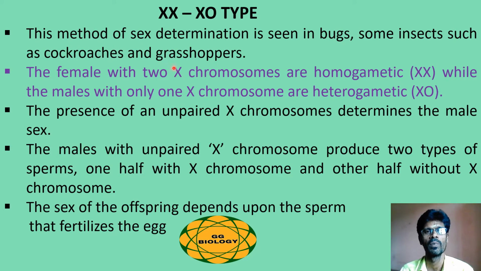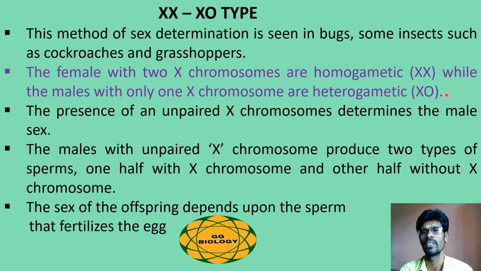The first type of heterogametic males is of XO type. This method of sex determination is seen in bugs and some insects such as cockroaches and grasshoppers. Usually the females with two sex chromosomes are homogametic. The sex chromosomes of the female are of similar type, namely X and X, while the males with only one X chromosome are heterogametic.